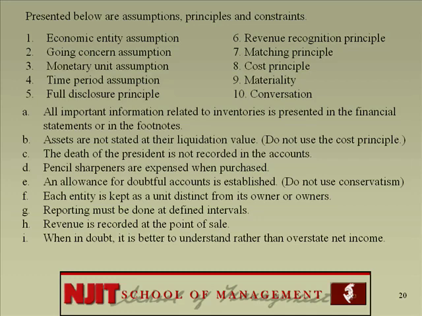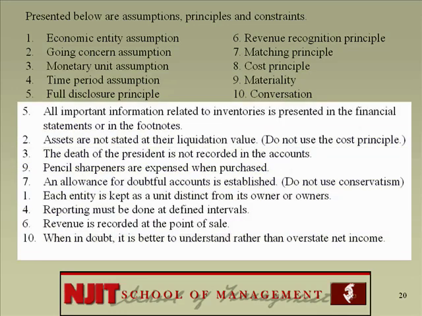Are you done? Well, here's the answers. The first one we discussed, it's full disclosure. Assets are not stated at their liquidation value. They're applying the going concern, which is number 2. The death of the president is not recorded in the accounts.